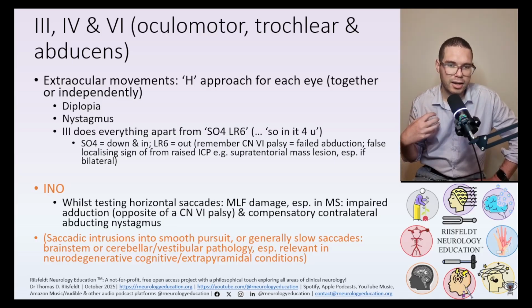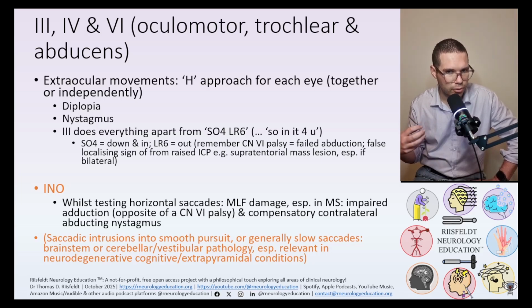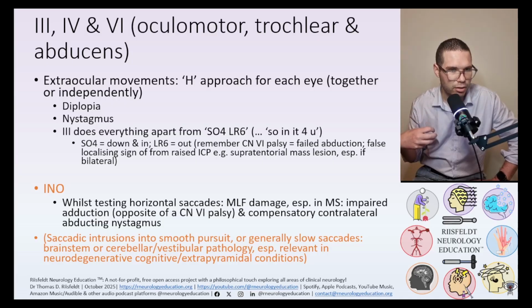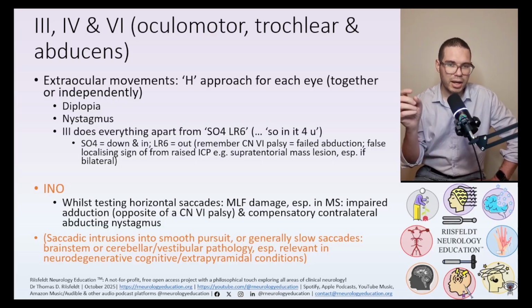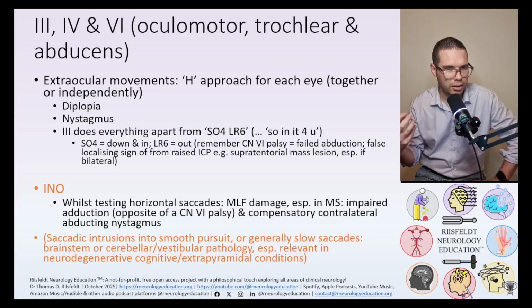So, of course, they are the superior and inferior and lateral and medial rectus muscles, and also the superior oblique and the inferior oblique.